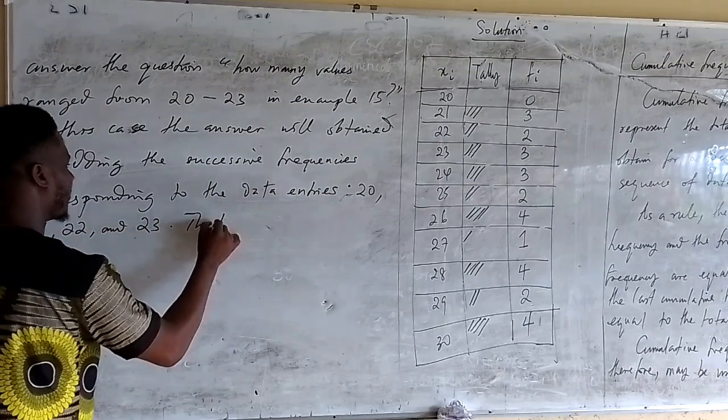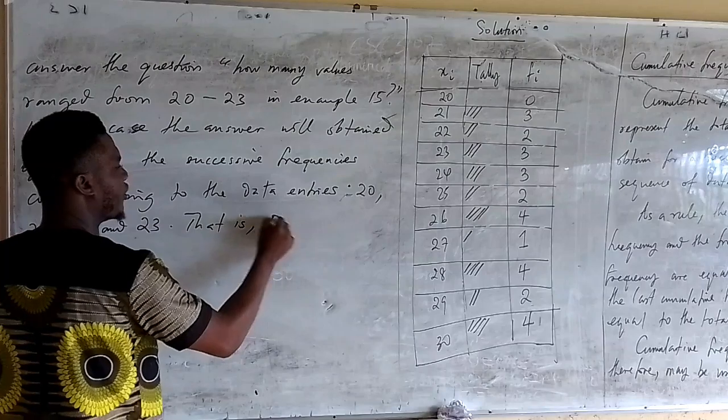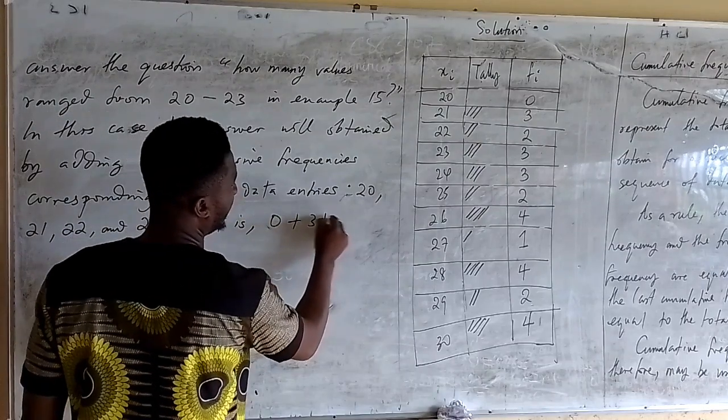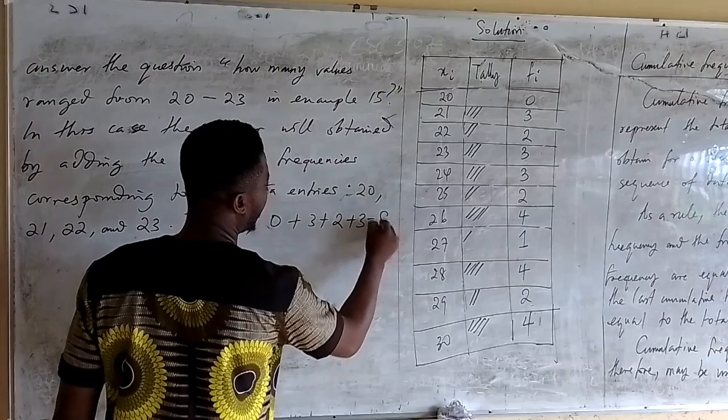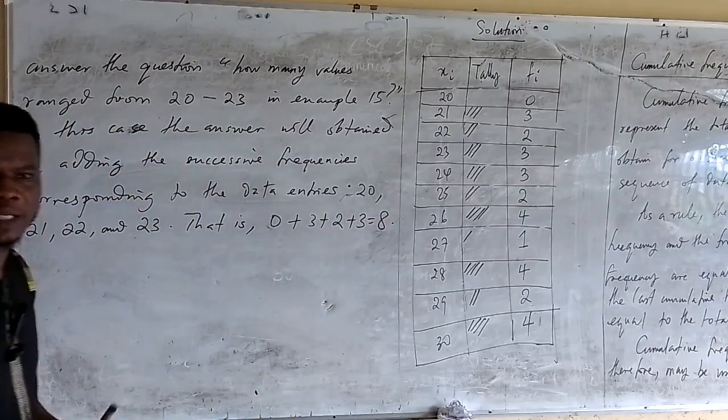That is 0 plus 3 plus 2 plus 3, which gives what? Which will give 8. Do you understand what I'm saying?